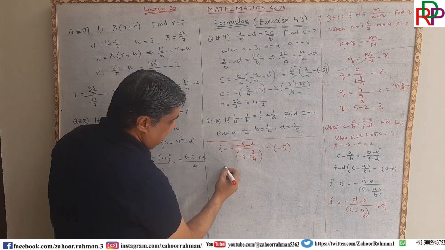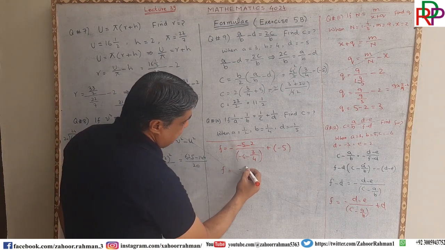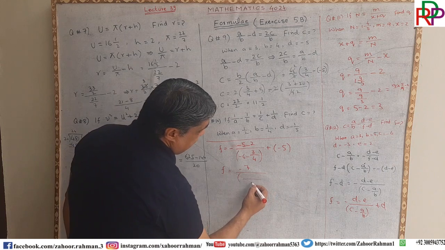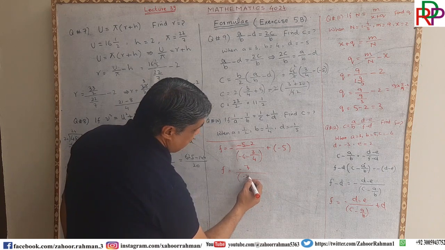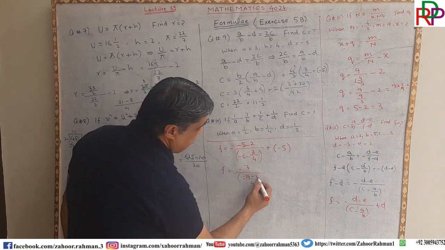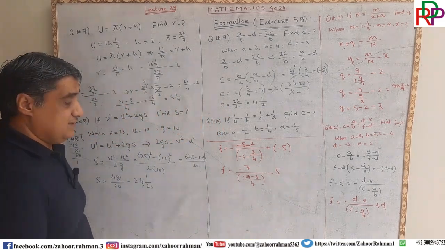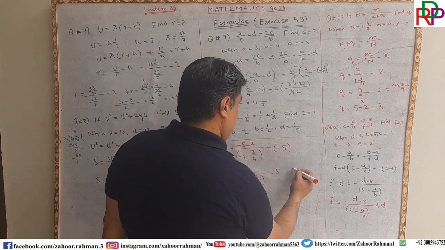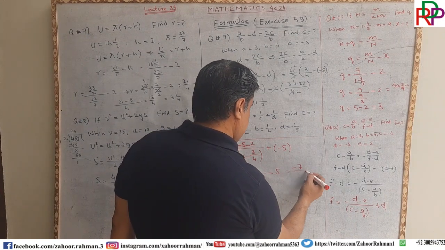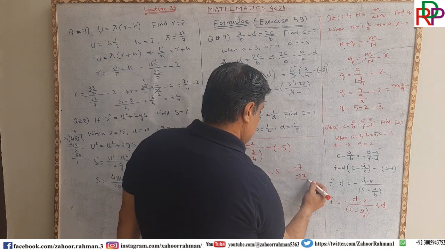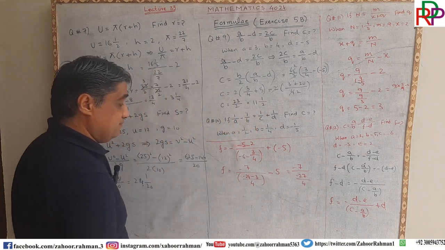Now F is equal to minus 7, and here I have to take 4 as the LCM. So minus 24 minus 3 minus 5, and very simply minus 7 divided by minus 27 divided by 4.